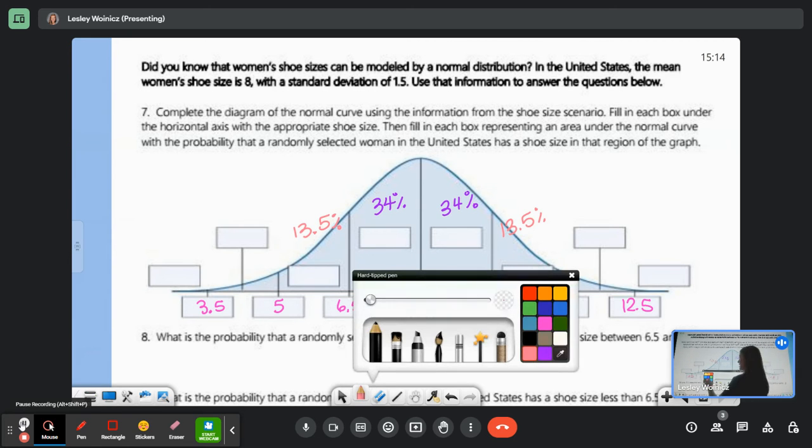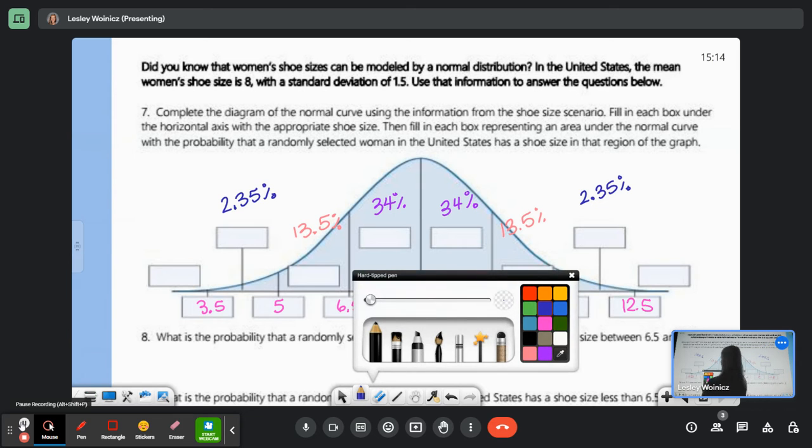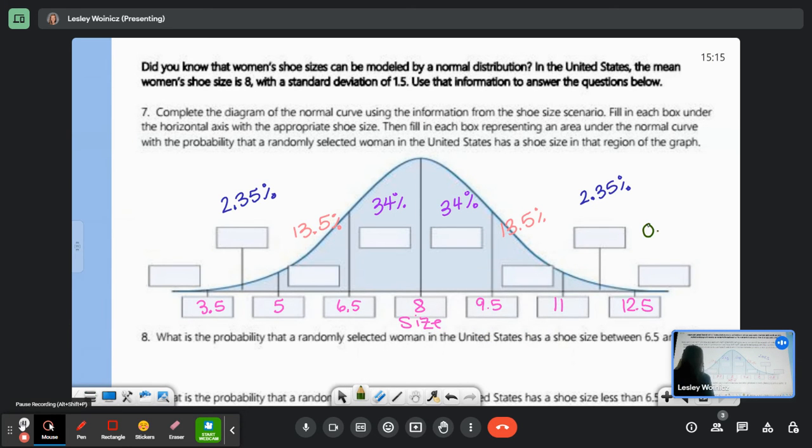Between the second and third standard deviations? 2.35%. And last? 0.15%.